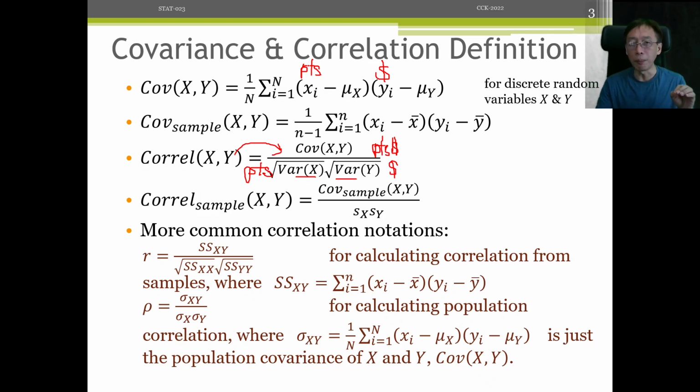No matter what x units you use, what y units you use, whether you measure the worth in Singapore cents rather than dollars, or in Vietnamese dong or Japanese yen, where there is no cents, it will still cancel out everything.